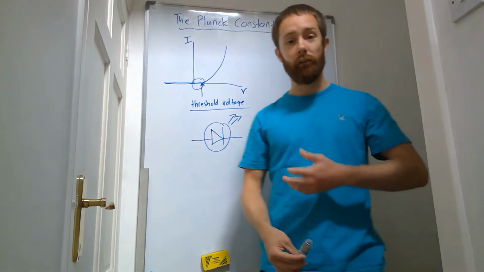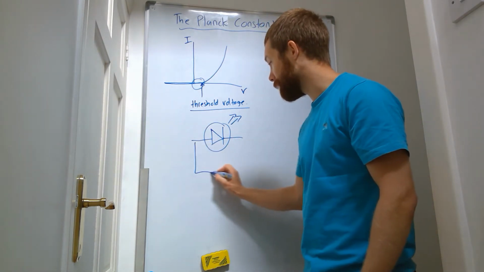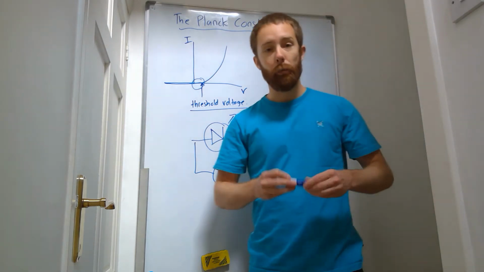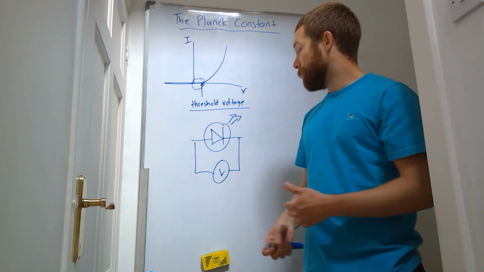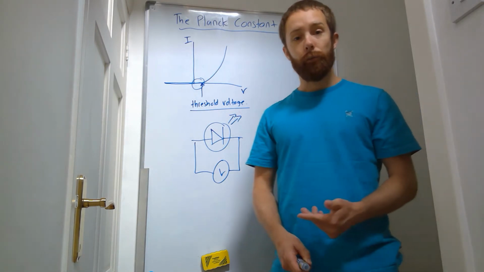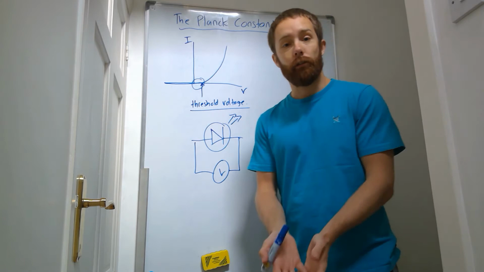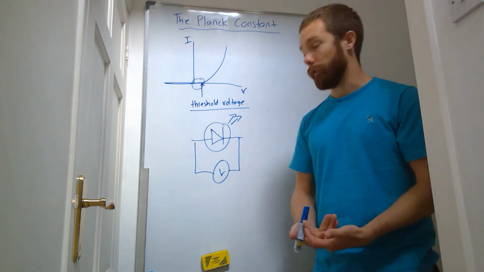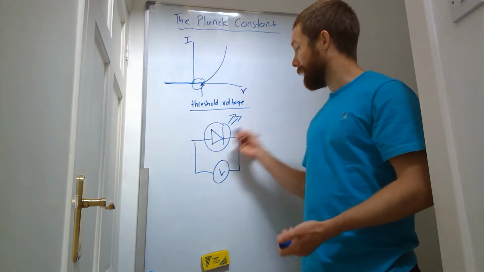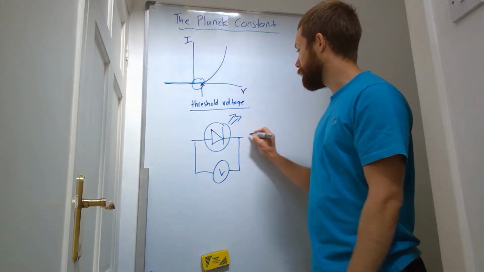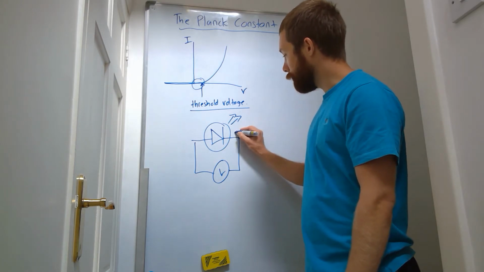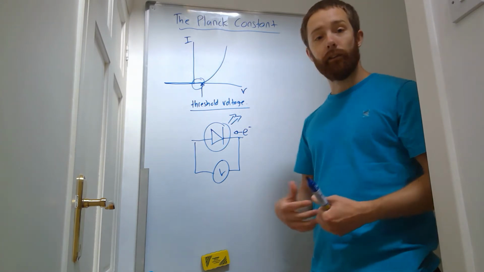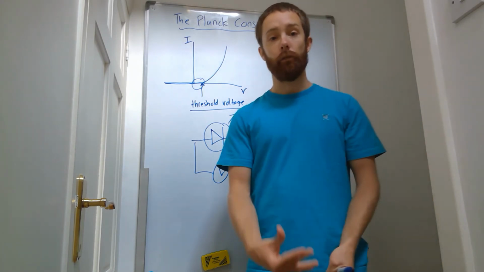If we remember our definition of potential difference, you will remember from looking at potential difference and EMF that the EMF, the electromotive force, is work done on the electrons, whereas the potential difference is work done by the electrons. So an electron comes in, I'll draw it the correct way, and it goes through this direction, and that electron has a certain amount of energy, and it is going to use up that energy as it goes through the LED.